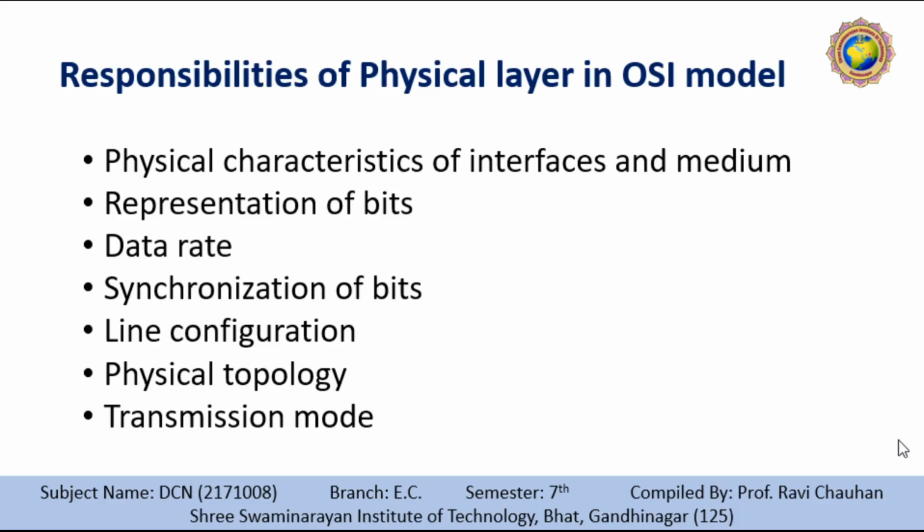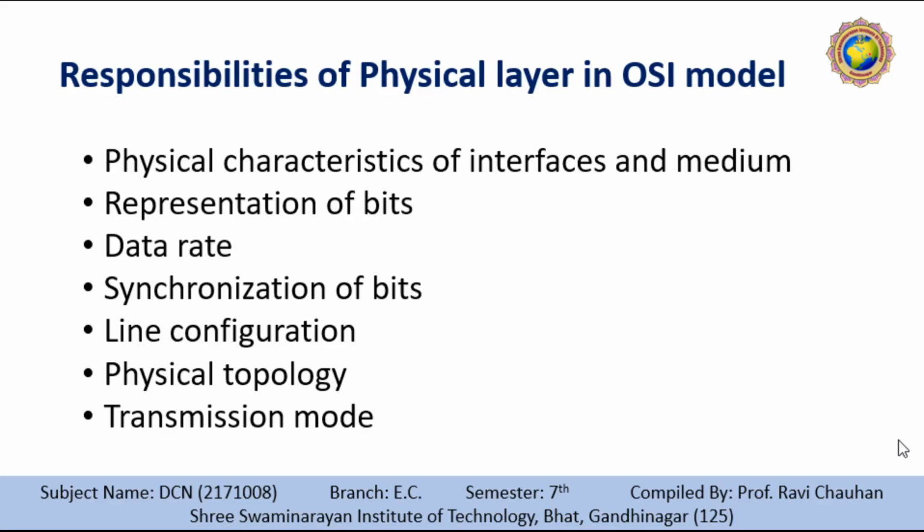In the simplex mode, only one direction of communication is possible. Suppose one node is transmitting and another node is receiving. In half duplex, the direction of transmission can be both, but at the same time only one direction is possible.